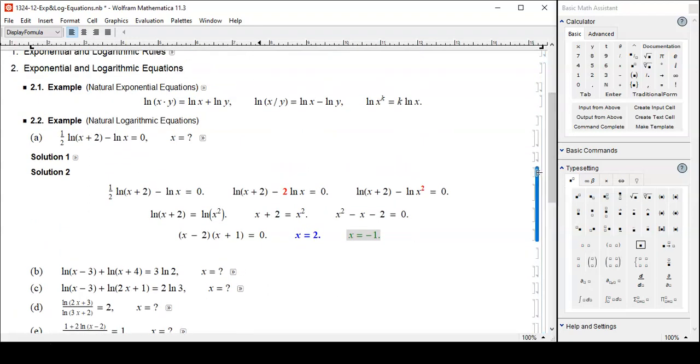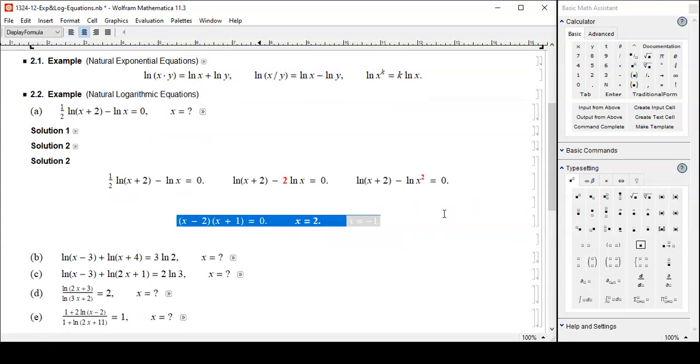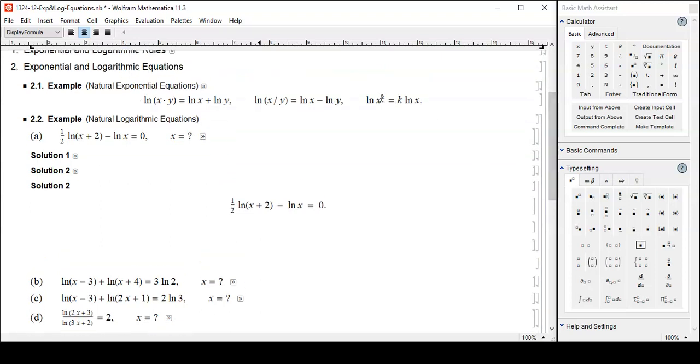Oh, by the way, there may be some students who may do it directly here. Instead of removing this denominator 2 here, move this to this power directly using the log rule number 3.